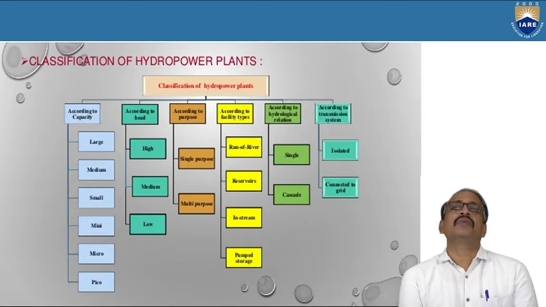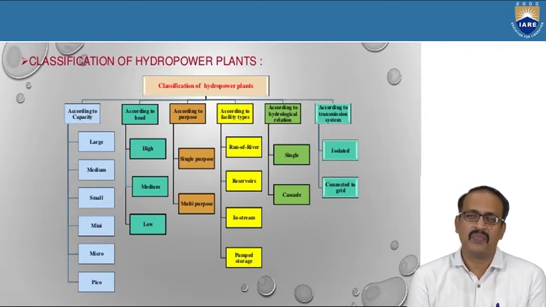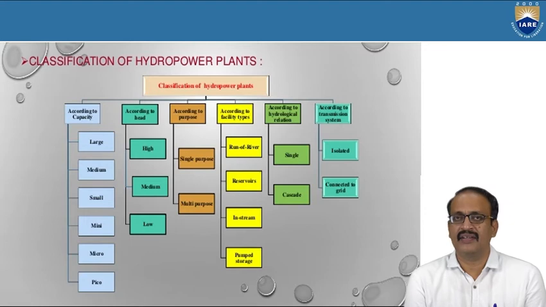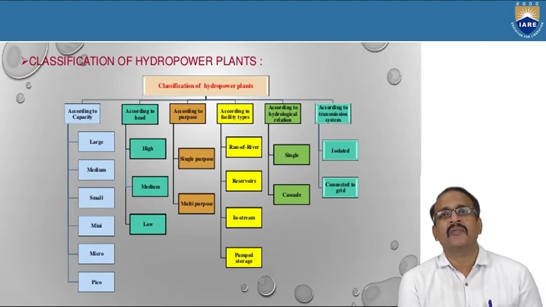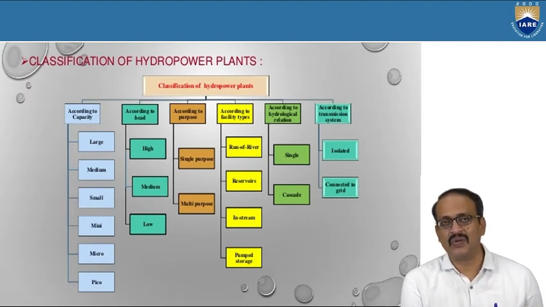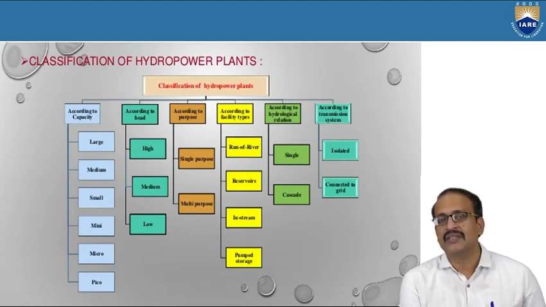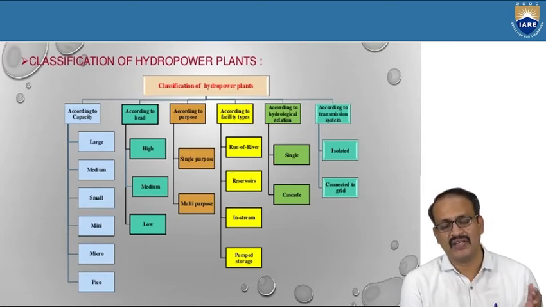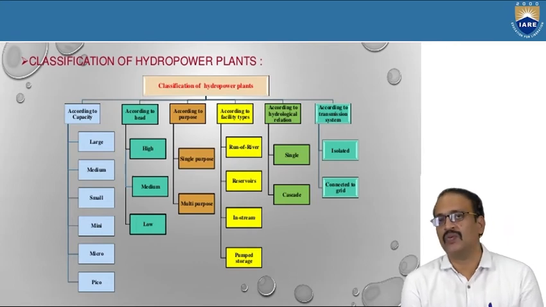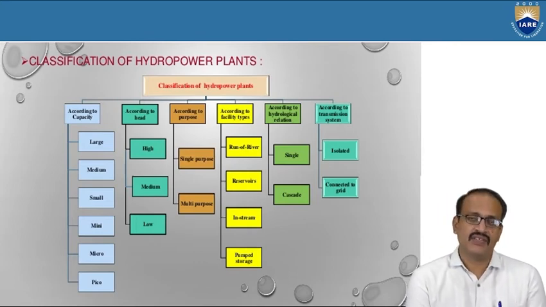So this example makes clear how important the head is. Based on this head, we are categorizing into 3 categories. Previously, based on the capacity, we categorized into 6 sections, and here based on the head, we have categorized into 3 sections: high, medium and low.